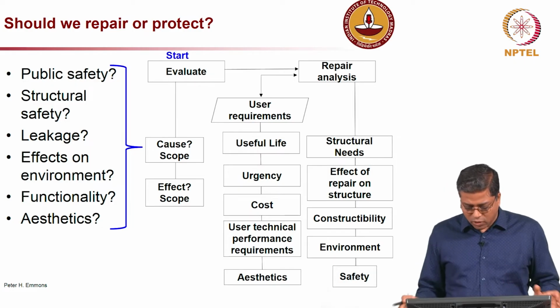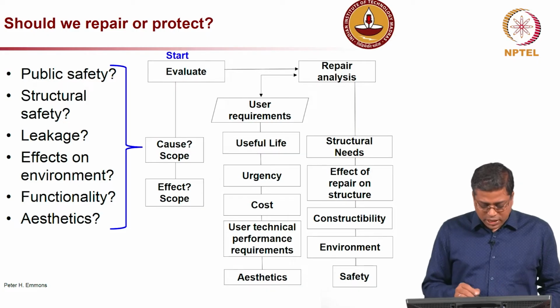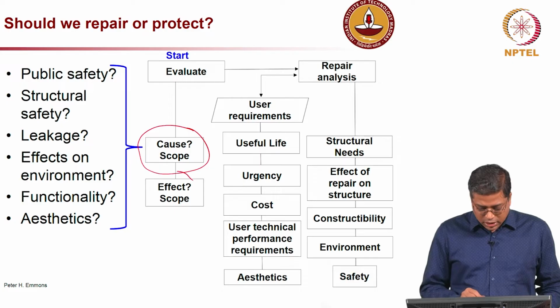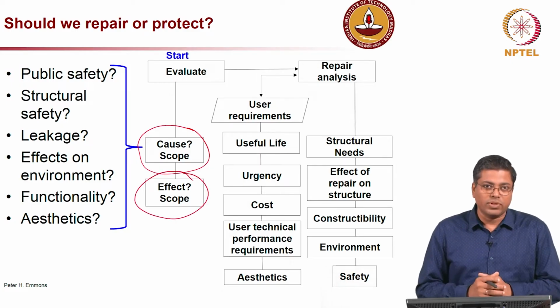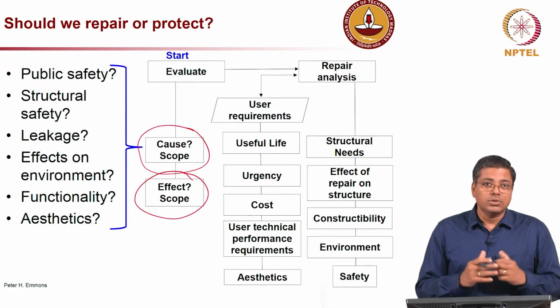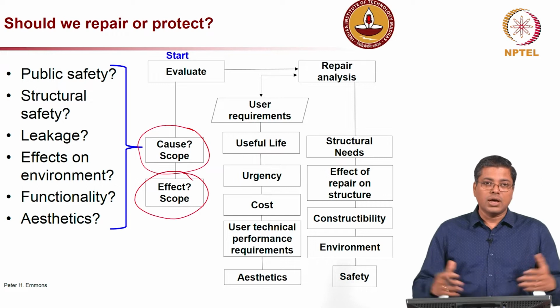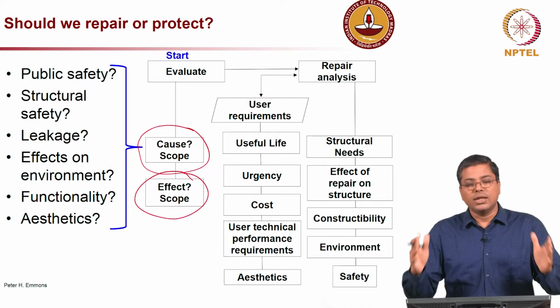So, this is just a flow chart looking at this. The questions which I put on the left side, you can say these are the causes, and then look at what the effect is. You have to define the scope of the work. It is very important, because that sets the boundary for the work. If you are talking about a large bridge structure, you have to say, okay, I am going to take this portion alone and look at it.